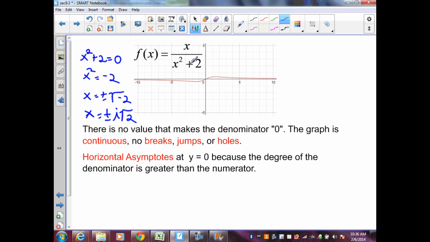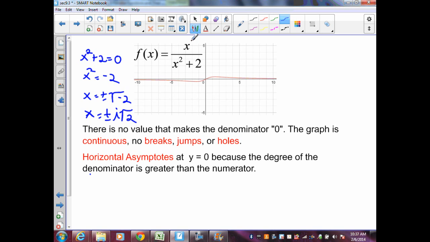But if I take a look at the rule for horizontal asymptotes, I have a horizontal asymptote at y equal to 0 because the degree of the denominator is greater than the degree of the numerator. The degree of the denominator is 2, while the degree of the numerator is 1.